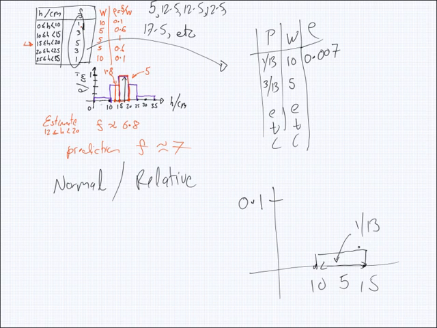So what is 1 over 13? Roughly 0.08. So this bar has an area of 0.08, which is 8%. So you're saying that 8% of the data is between 10 and 15.